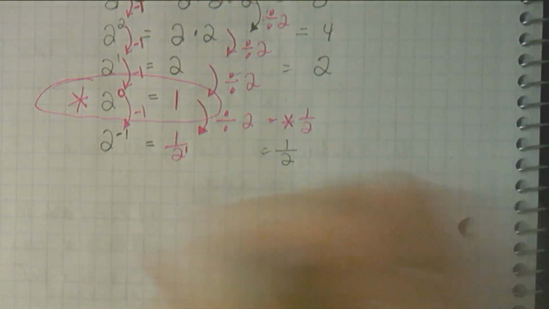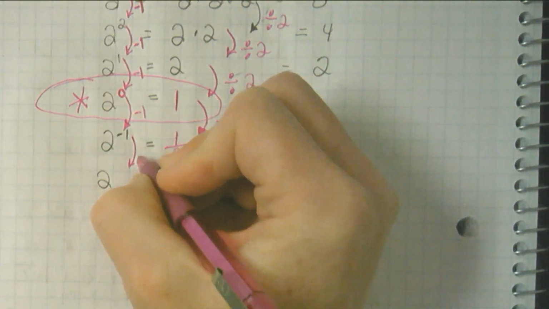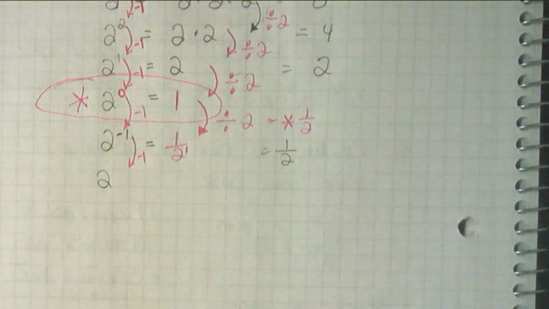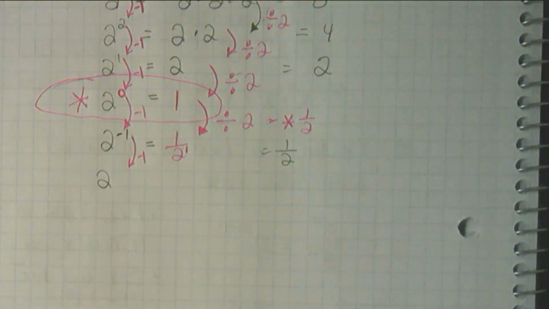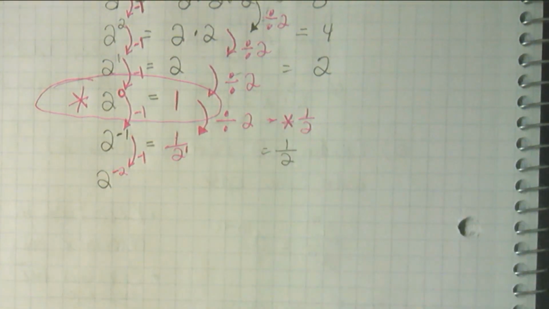Let's do this again. All right, I'm subtracting a -1 from my -1. What is my new power if I have -1 minus a -1? What's -1 minus a -1? Valentina? Yep, 2 to the -2.